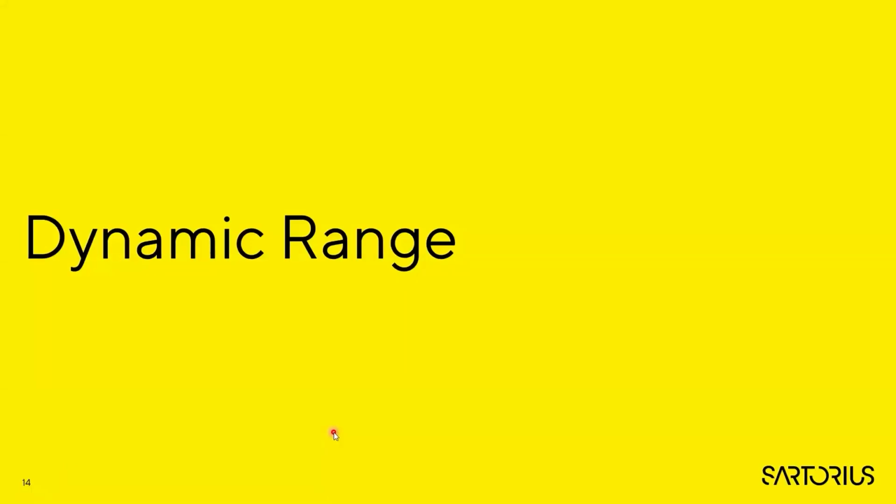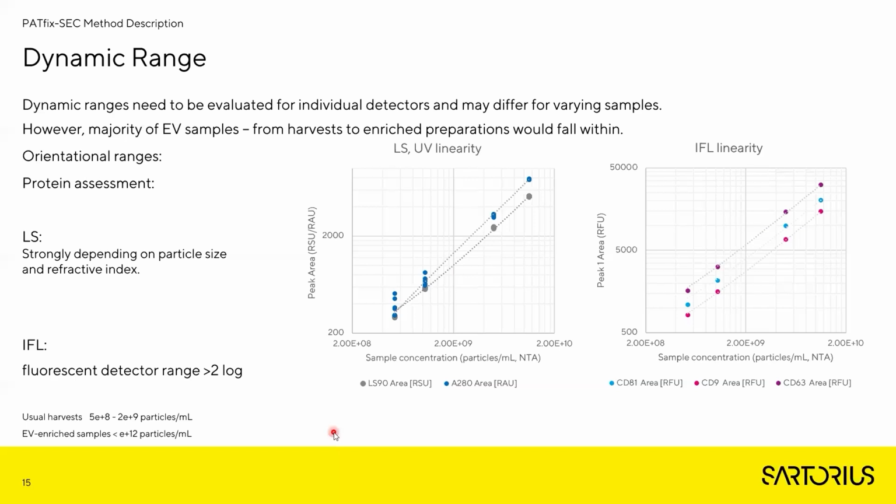So I would like to address now a little bit the dynamic ranges. It is normal that dynamic ranges would vary greatly depending on the focus of analysis. Individual detectors have their own dynamic ranges, and of course, it will always depend on the sample and the parameter we want to assess.